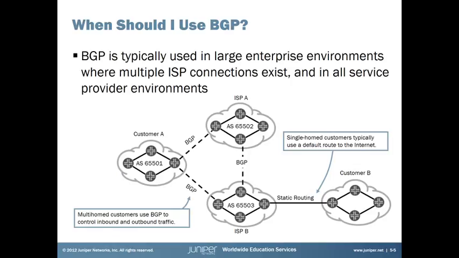Maybe you would want to control exactly how that traffic was sent across those links. Maybe you'd want to receive traffic on one link and send traffic on another link, for example. Maybe that would be an objective of that organization. So there are different mechanisms, different levels of control that may be needed.